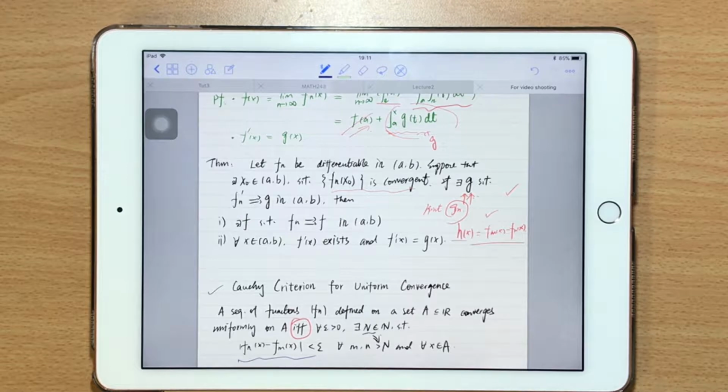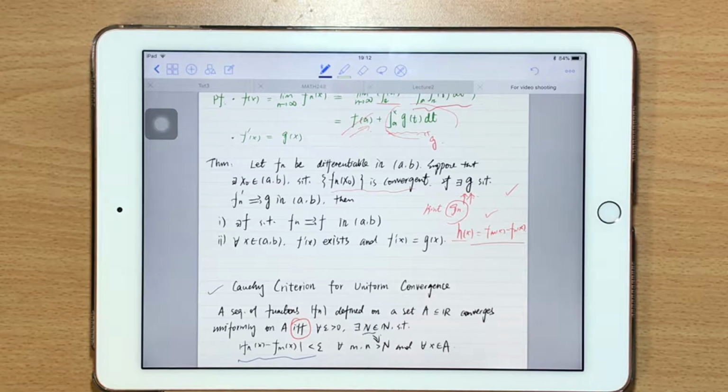And if there exists some function g such that f_n prime converges uniformly to g in (a,b), then first, f_n converges uniformly to f. And the second conclusion is that for any x, f prime(x) exists and f prime(x) equals g(x).